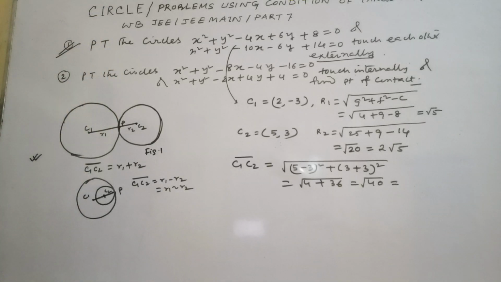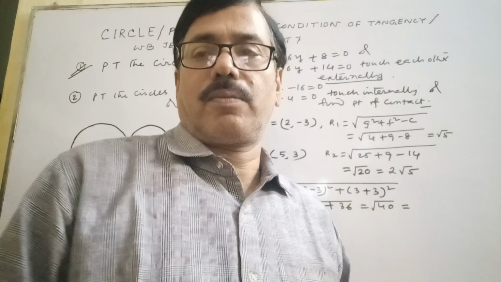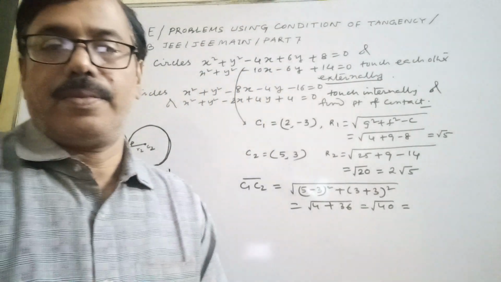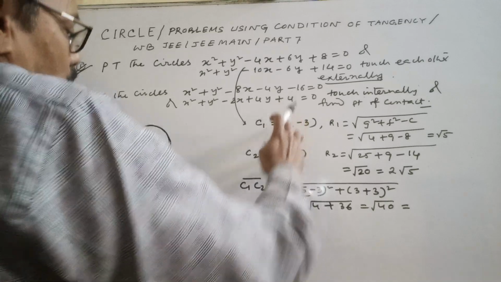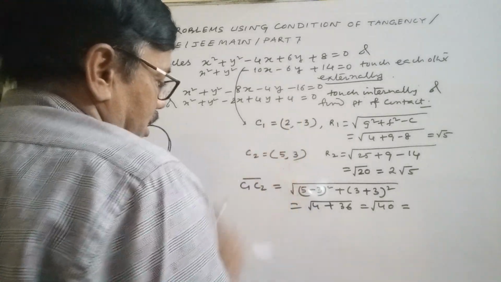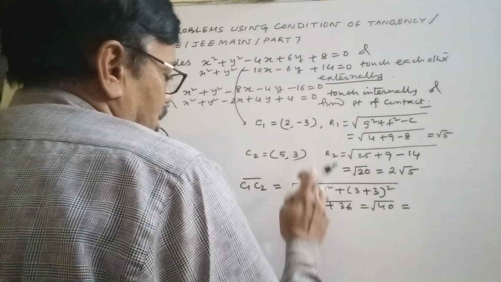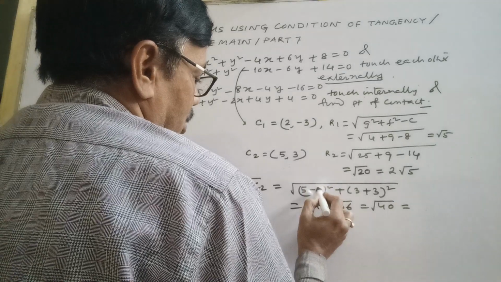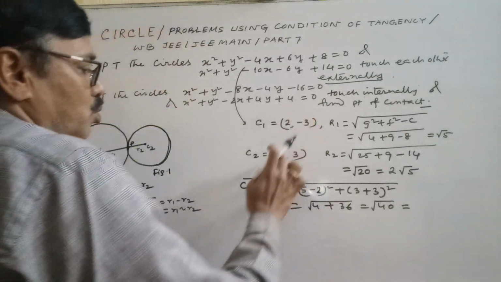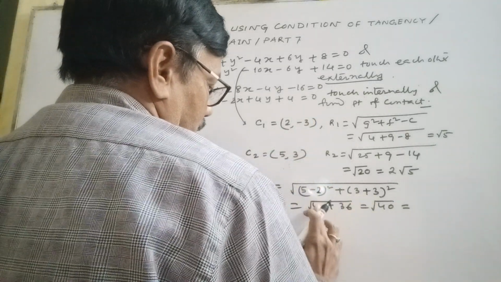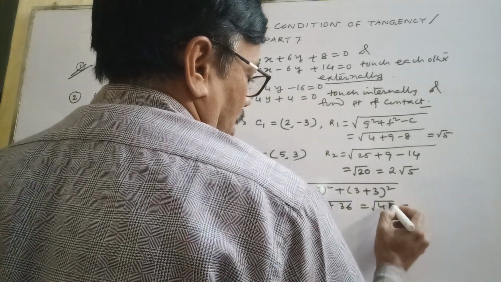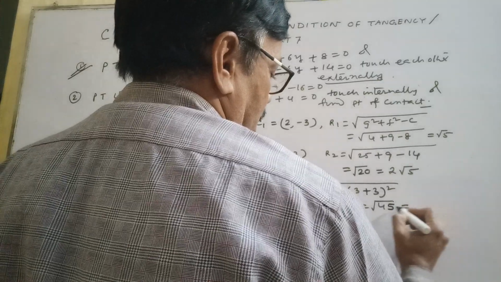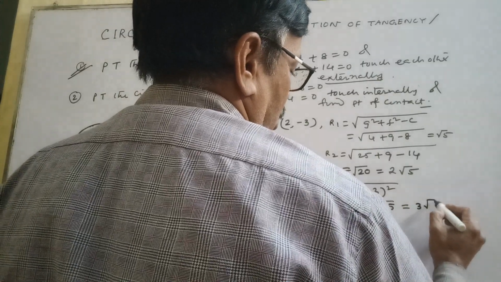Now look, C1C2, the distance between their centers, this is (5 minus 2) whole square, not 5 minus 3, 5 minus 2 whole square. So this is 9. So this is root over 45, equals 9 into 5, so 3 root 5.